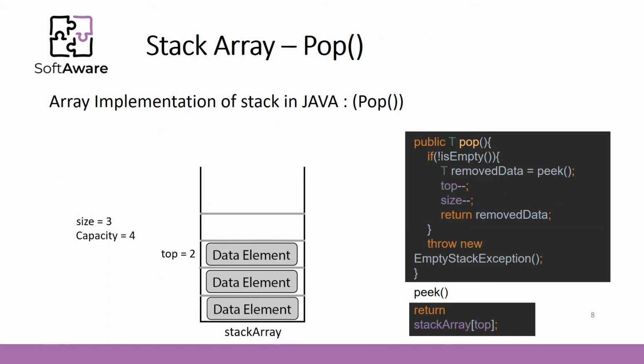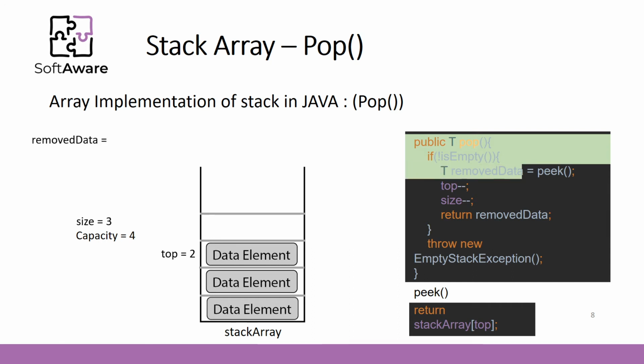In the following slide, we will have a look at how the pop method is implemented in a stack array. We know that we can only pop if we have data in the array. So, if our stack array is not empty, we do the following. We create a local variable, removed data, to know and return what data we have deleted in our stack. The data which will be deleted will be equal to the data that the peek method returns.